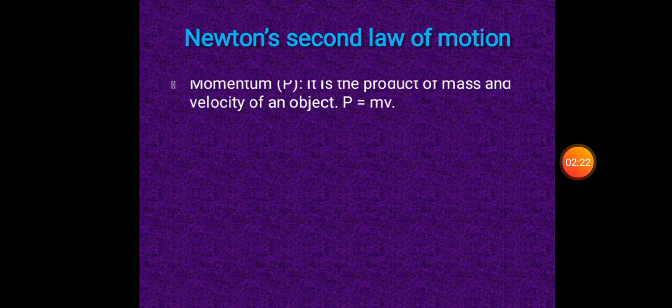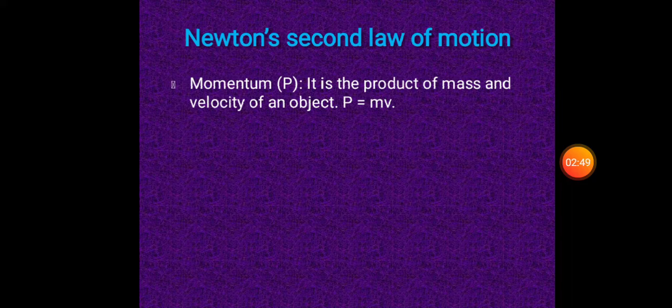Let's see Newton's second law of motion. Before looking at the second law, let's understand the concept of momentum. The effect of one object striking another depends both on the mass of the former object and its velocity.